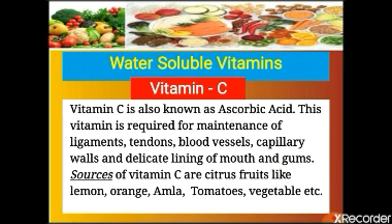This vitamin is required for maintenance of ligaments, tendons, blood vessels, capillary walls, and the delicate lining of the mouth and gums. The sources of vitamin C are citrus fruits like lemon, orange, amla, tomatoes, vegetables, etc. In the next coming slide, I will tell you about the function and deficiency of vitamins.